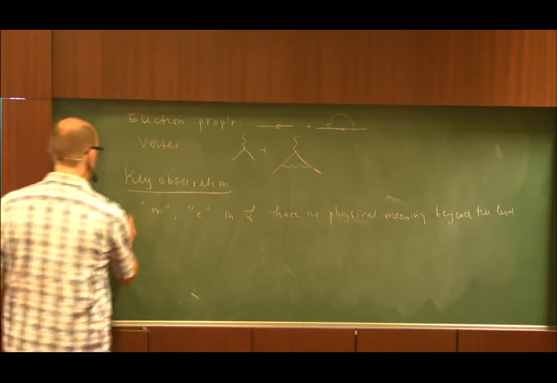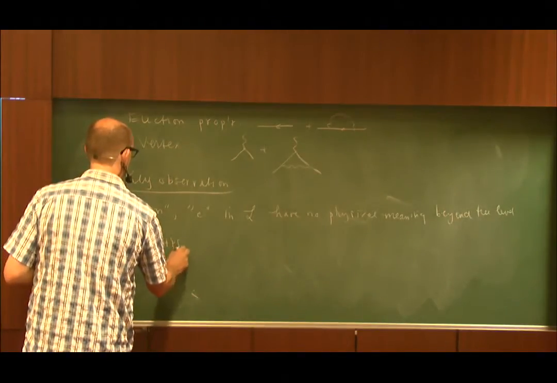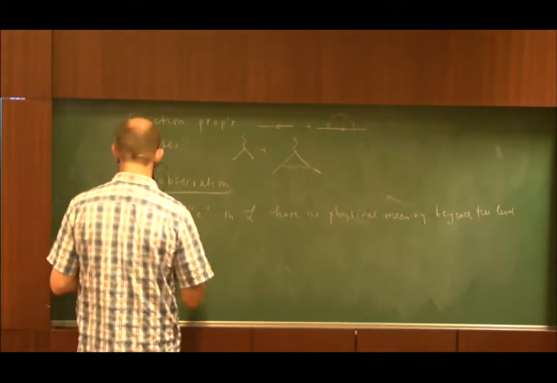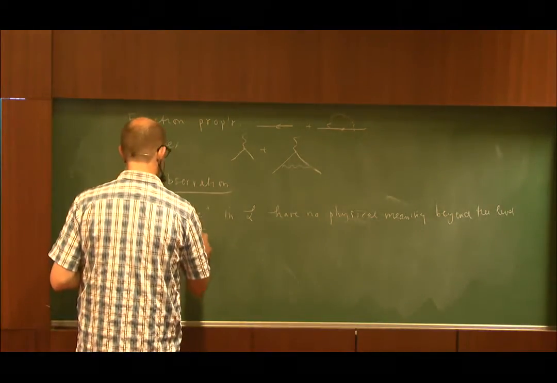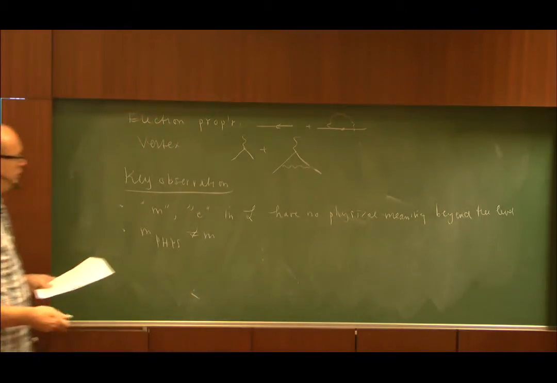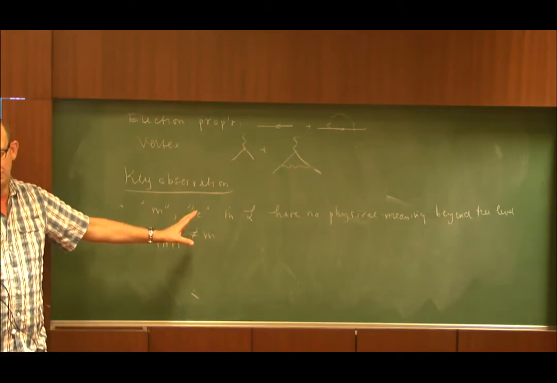In particular, m_phys, the physical mass of the electron, 0.511 MeV over c squared, is not equal to m. In fact, this m and e can be infinite, which is what we will see.